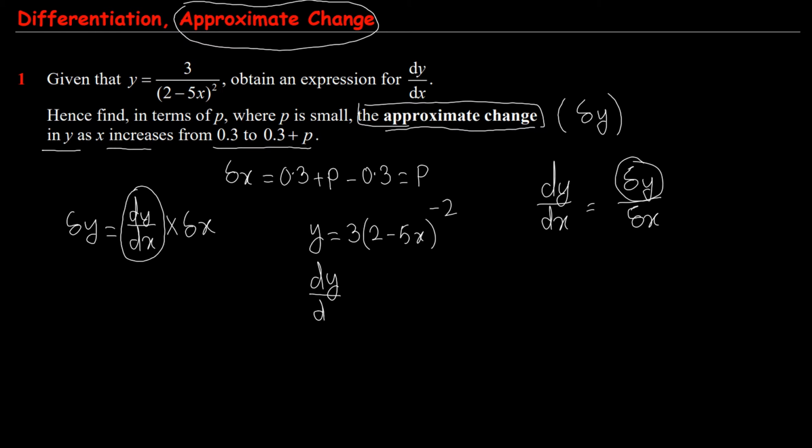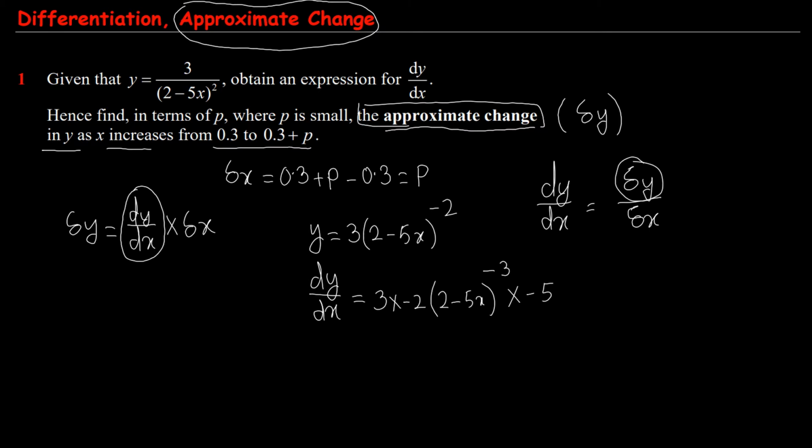So dy by dx, you can write it, just differentiate it, 3 into minus 2, then from the power we need to subtract 1, which gives us minus 3, and inside the bracket if we differentiate we get minus 5 outer side.